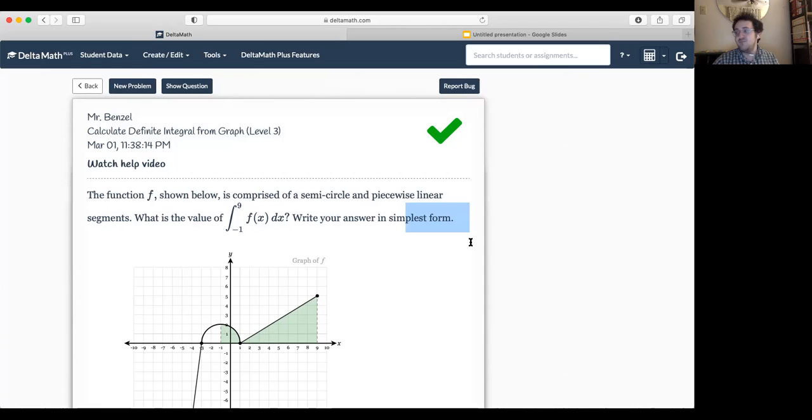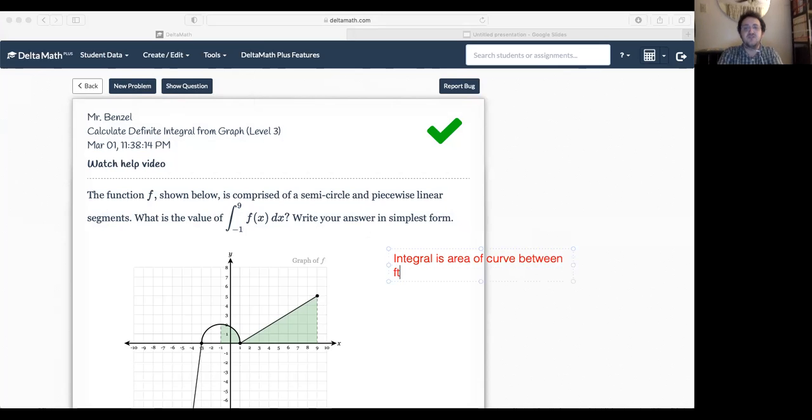So I wanted to show you one of each level so you could see the escalation in difficulty. And fortunately, if you can decipher the upper and lower limits, the main ideas that you should take away is that the integral is the area of the curve between a function and the x-axis.